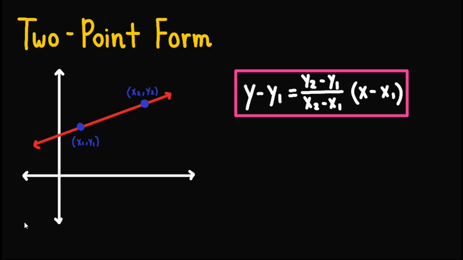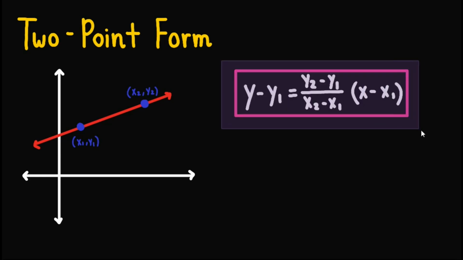In here, we are given an illustration of a graph of a line involving 2 points. And this is the formula that we want to obtain. Now the derivation for this is quite easy. So let's move this first.